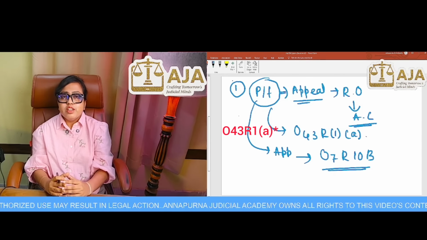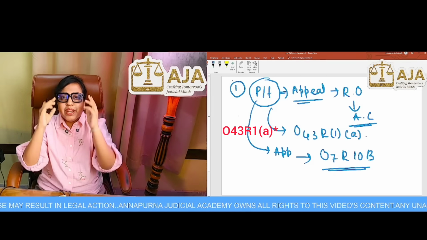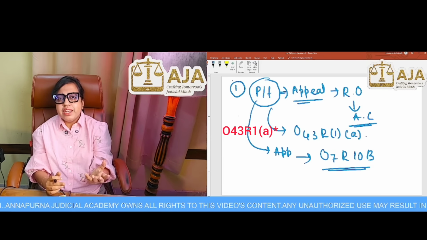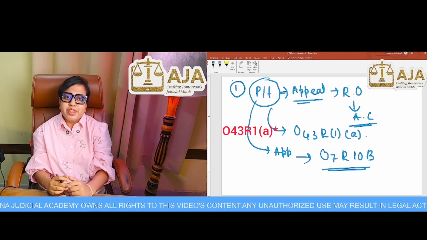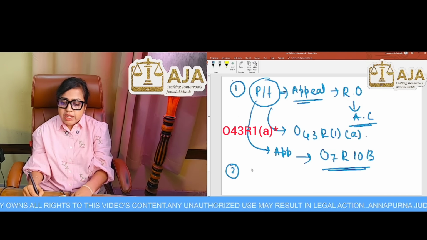Second option, the plaintiff can take the returned plaint and file it in the proper court by himself. This is broadly covered under Order 7, Rule 10.